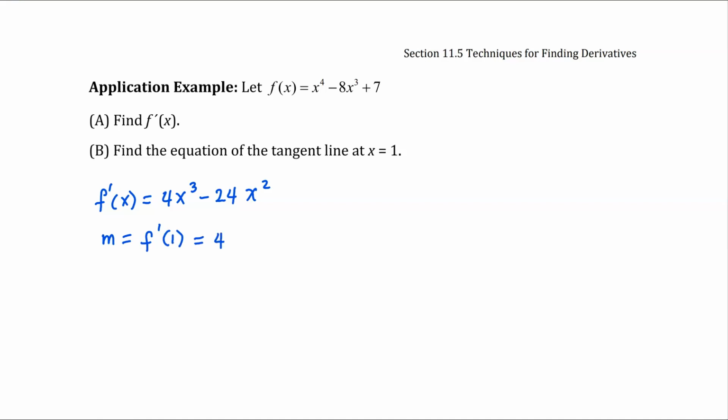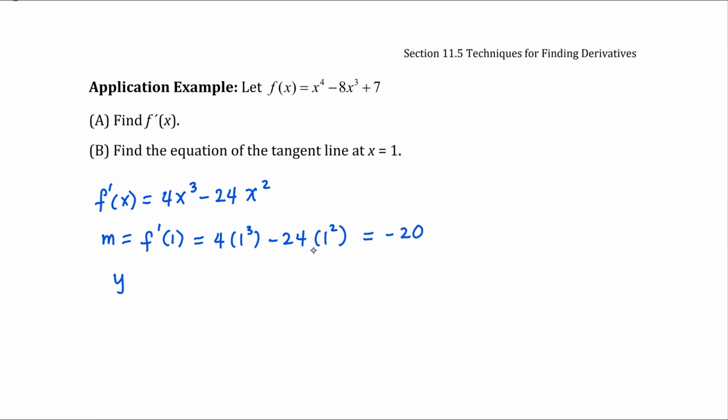So that is 4 times 1 cubed minus 24 times 1 squared. 4 times 1 cubed is 4, 1 squared is also equal to 1. So that is just 4 minus 24, that gives us negative 20. So the slope is negative 20.